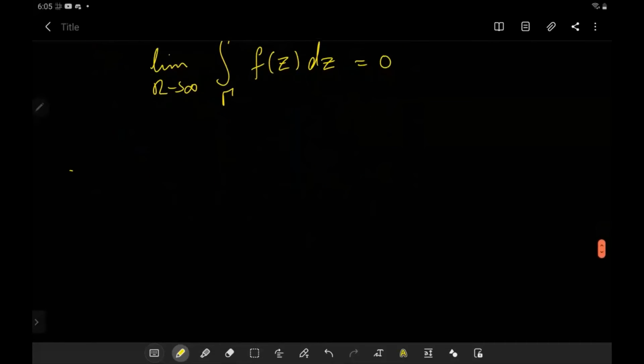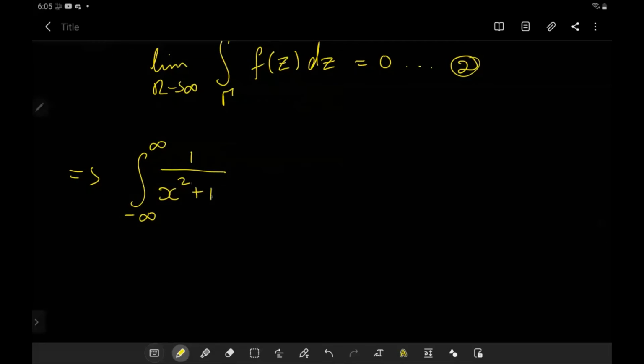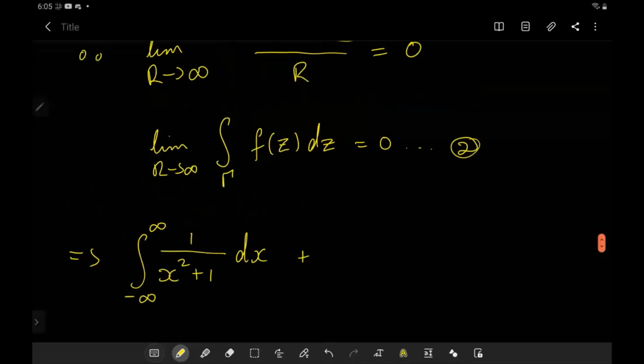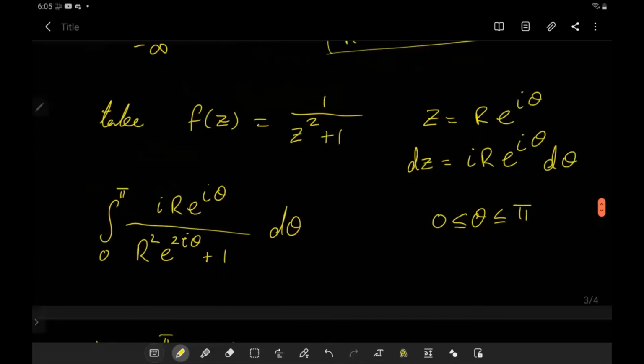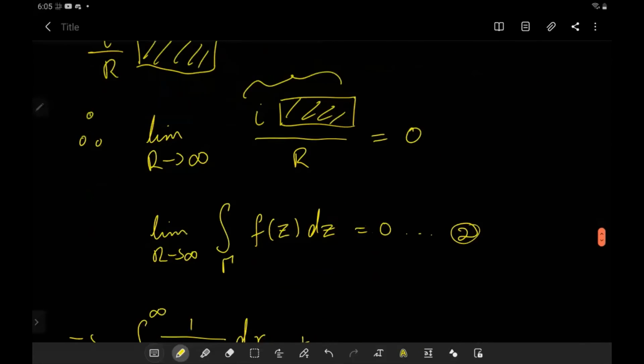So let's say that this is 2. Substituting 2 into 1, remember we have the integral from minus infinity to infinity of 1 over x squared plus 1 dx plus our gamma term, which we just found out through some analysis was equal to 0.